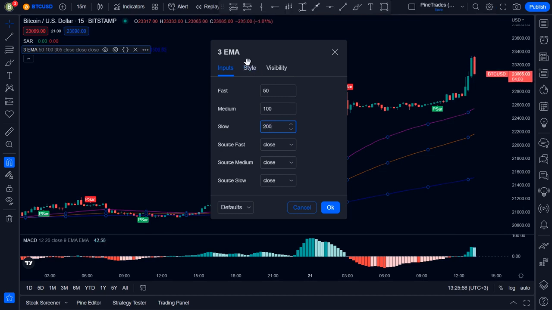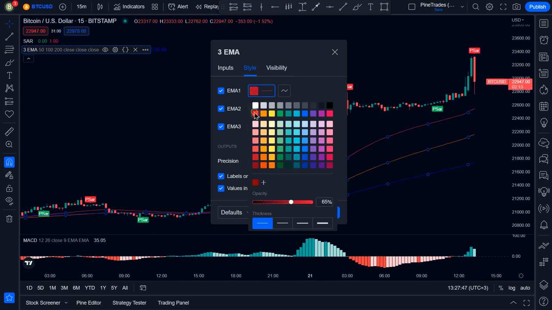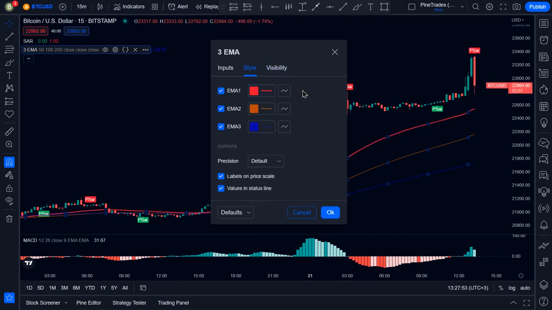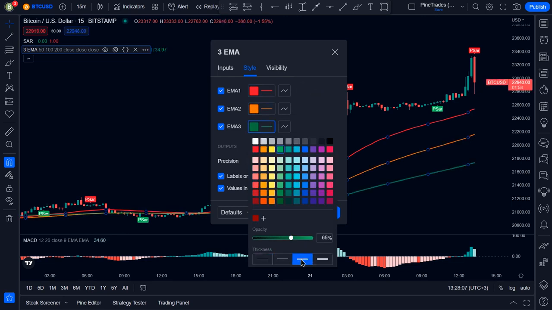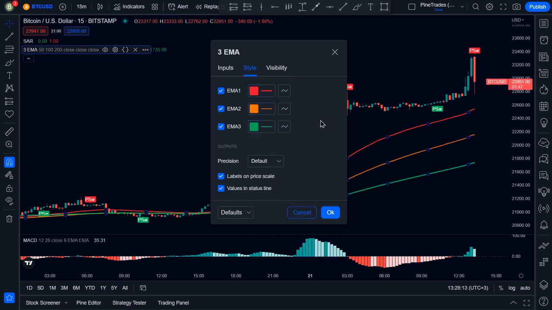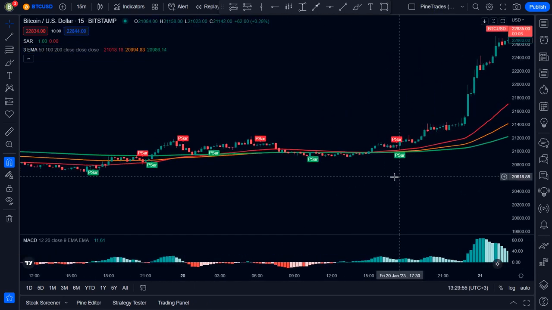On the Style tab, make the following changes exactly like I'm doing right now. After that, click OK.